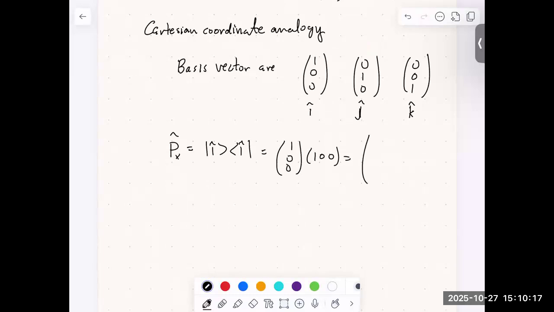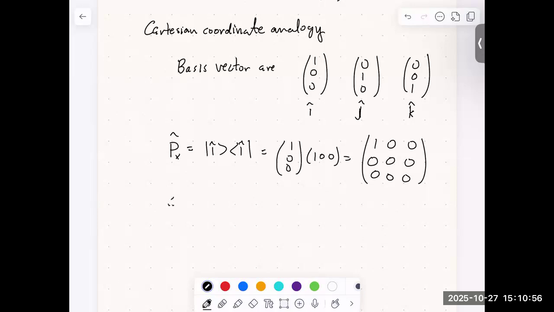And if we multiply this out, it would be 1 times 1 is our first element. And then we get 1 times 0 is our second element. And we'd get 1 times 0 again for that third element in that top row. And then you can see if I built the second row, it's going to be 0, 0, 0. If I built the third row, 0, 0, 0. Okay. So that's what the projection operator looks like for our Cartesian coordinate analogy.